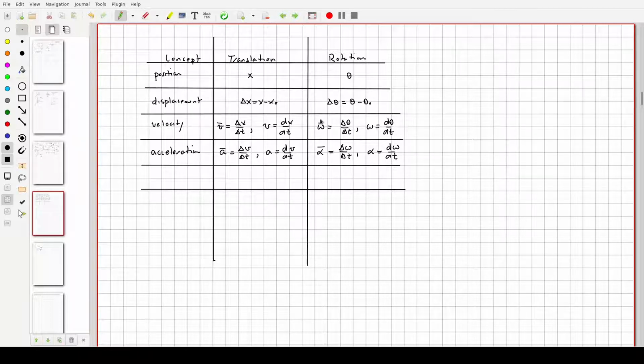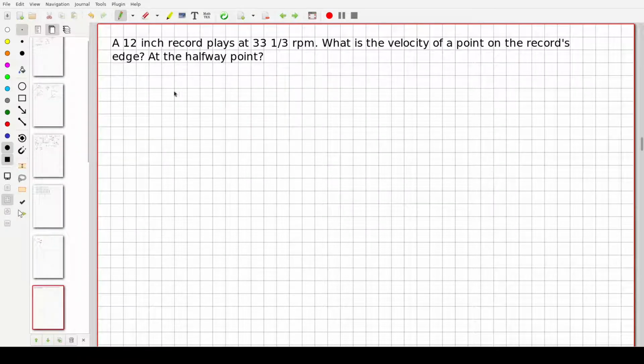For example, with rotational velocity, we're changing the variable of velocity to omega and the variable of position to theta. Conceptually, it's just a change of variable. Now, that said, let's do a few examples.